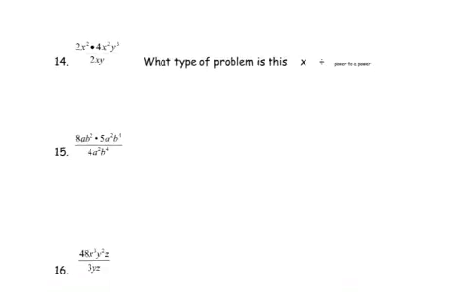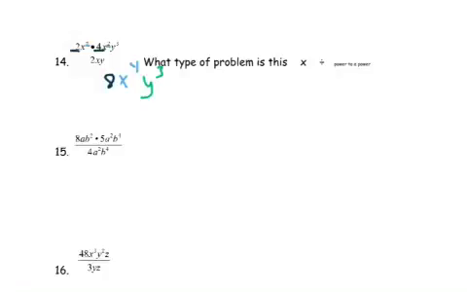14 is a two-stepper. So what I like to do first is multiply, or follow the rules for multiplication, which are in my numerator. So if I multiply my coefficients, 2 times 4 is 8. X to the 2 plus 2 would give me 4. And I'm just going to rewrite y to the 3rd because that's all there is in the numerator.